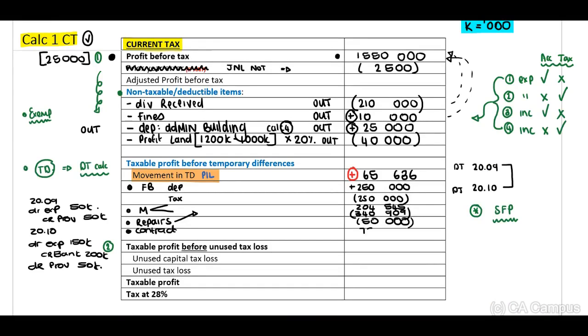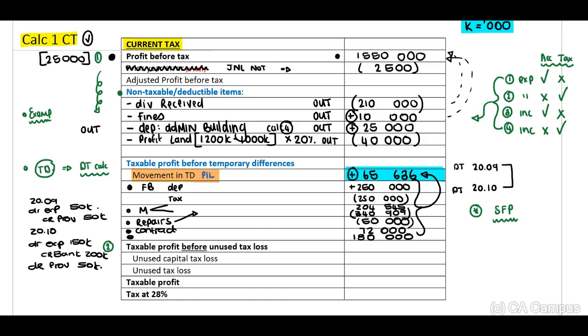This is the 72,000 that we can add back, and we have our income received, the 180,000. Therefore, when you add all of this, you will identify that this is a positive 65,636. This is important to identify.